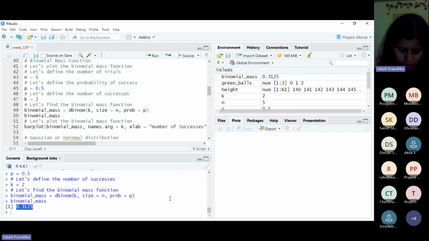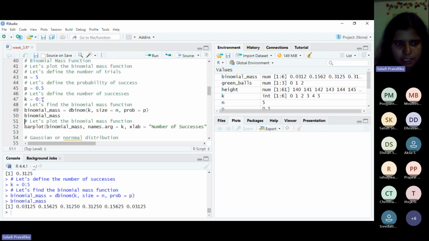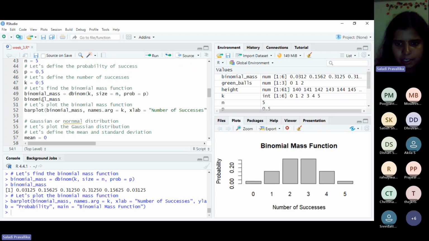Okay. Now I want to visualize it as a plot starting from 0 till 5, like if k equal to 0, having no head at all, till having all five as heads. Then I calculate, I'm having some set of values and I want to plot it. And this is how my plot looks.